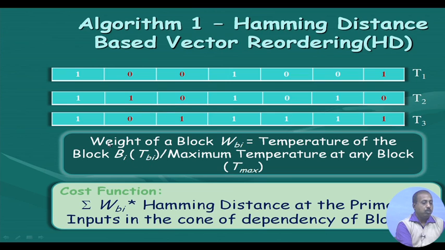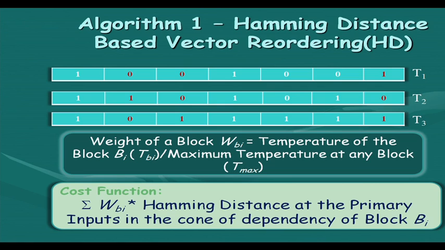We assign some weight to every block. This is equal to the temperature of the block Bi, given by T Bi, divided by the maximum temperature of any block, T max. Given an unordered test pattern set, we do a thermal simulation and find the temperature of each individual block, and the maximum temperature for the entire chip.